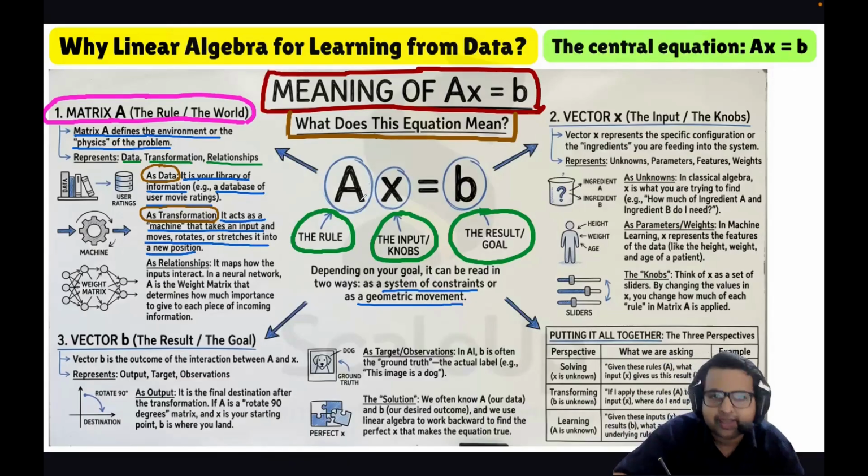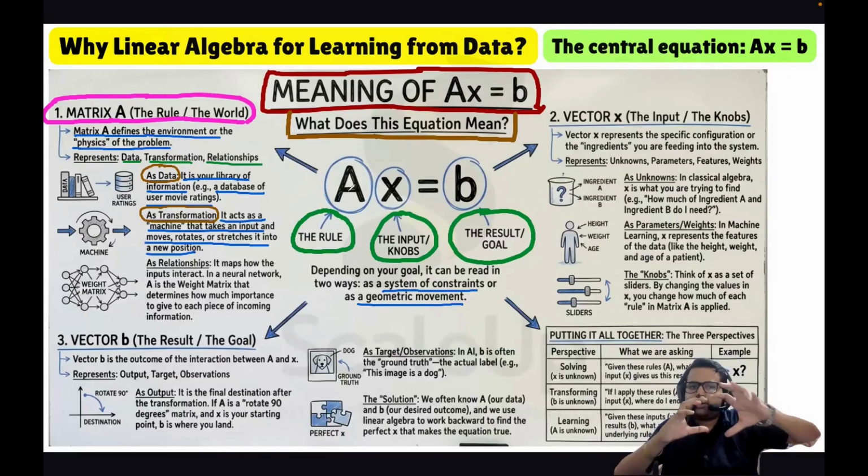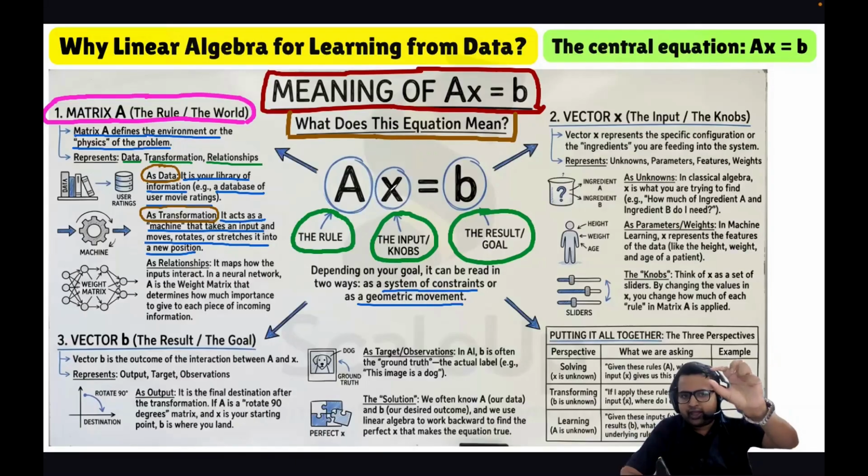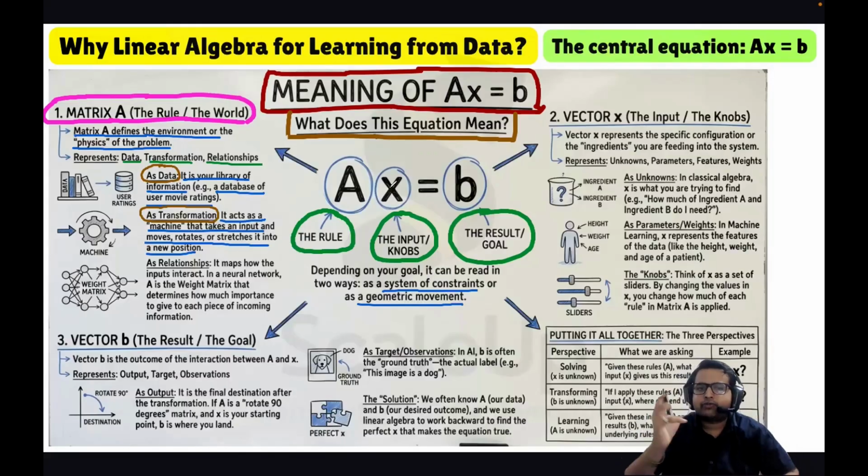Because if matrix A is storing the transformations, then it will decide how to transform an input. And in this equation, X is the input. So the values of A will decide how to transform the inputs present in X, how to rotate, how to move, how to stretch it into a new position.